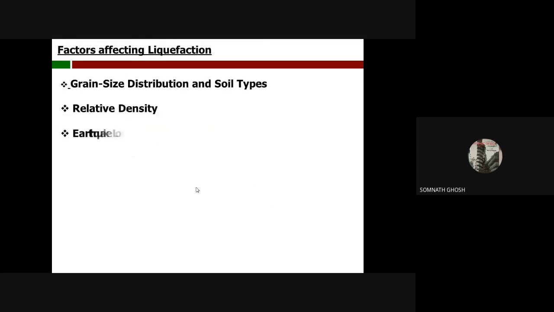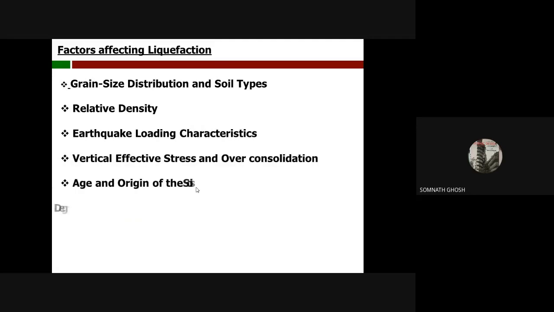Now these are basically the factors which are affecting liquefaction. That is grain size distribution, soil type, obviously it should be basically sandy soil, relative density, earthquake loading characteristics. Because earthquake loading depends on whether that place is very close to the epicenter or not, depending on the magnitude of earthquake.